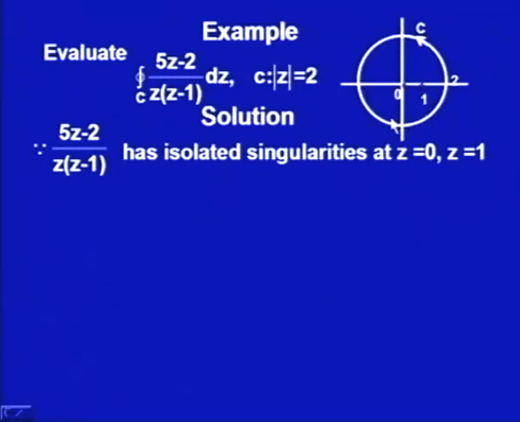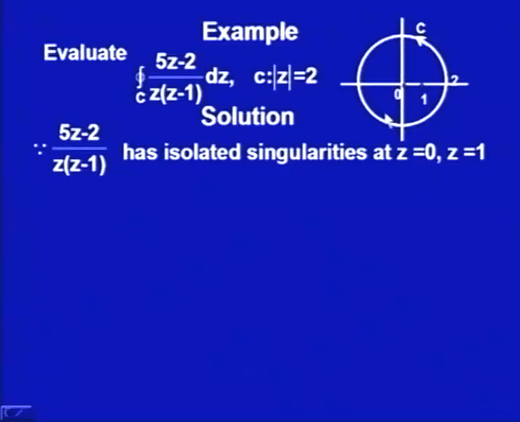So, the function is analytic everywhere except at the two points 0 and 1, and these are isolated singularities which are actually simple poles.